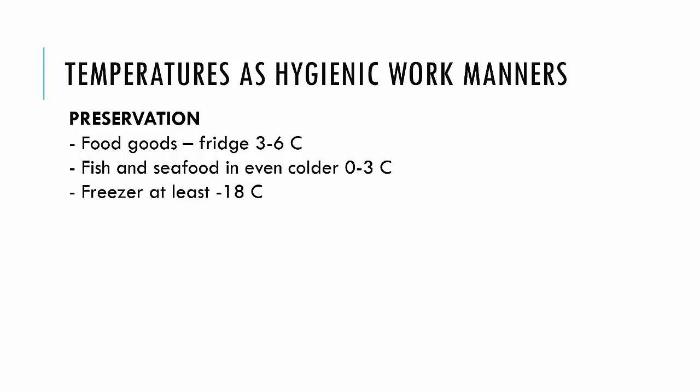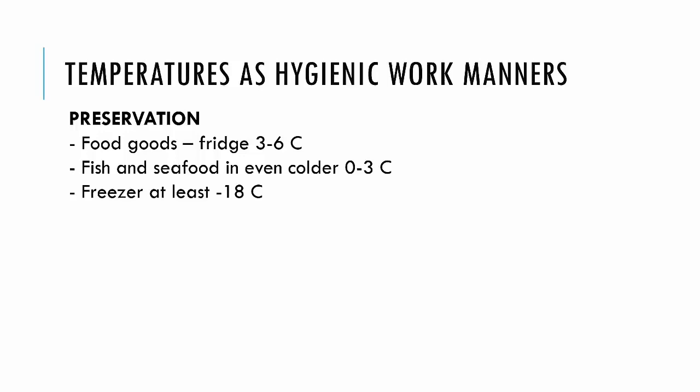And then if you have easily perishable food goods like fish and seafood, they should be stored in even colder conditions. This means from 0 to 3 degrees. If you mean to put something in the freezer, in food premises, the freezer should be at least minus 18 degrees.